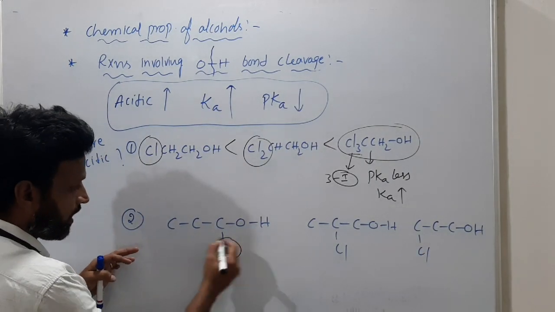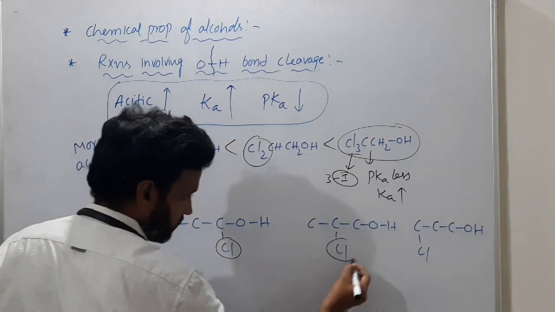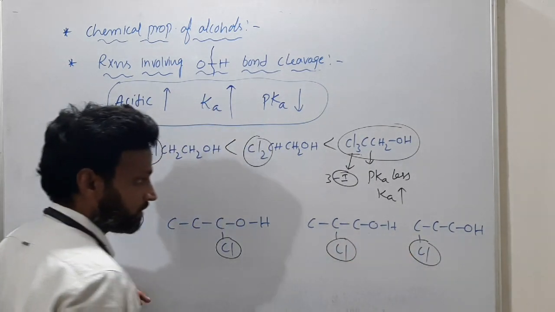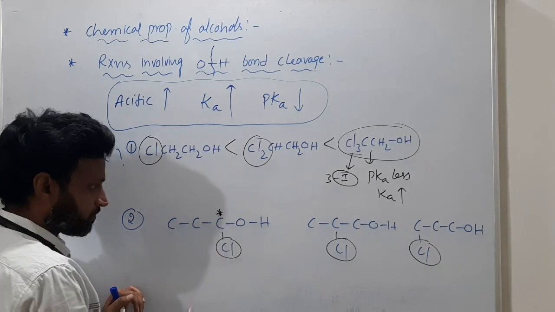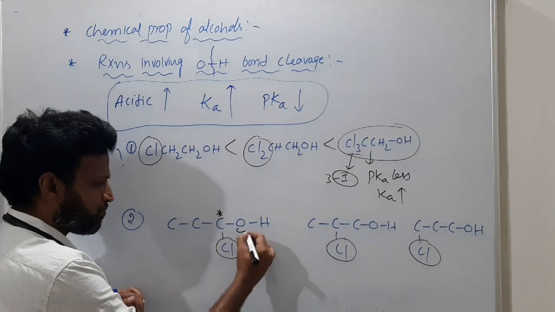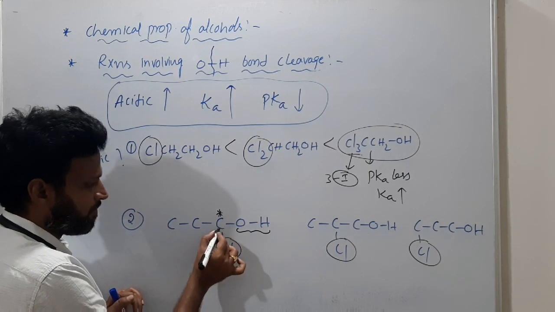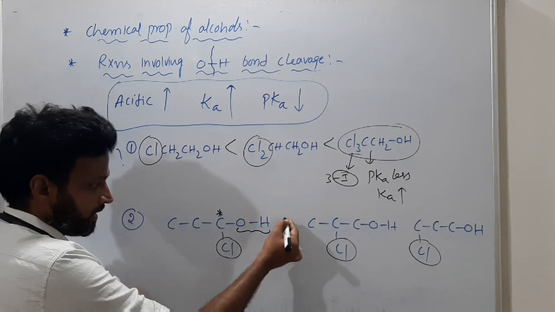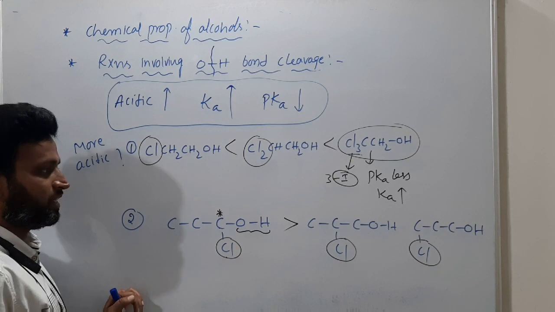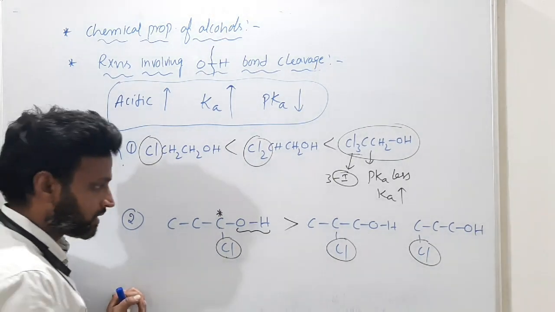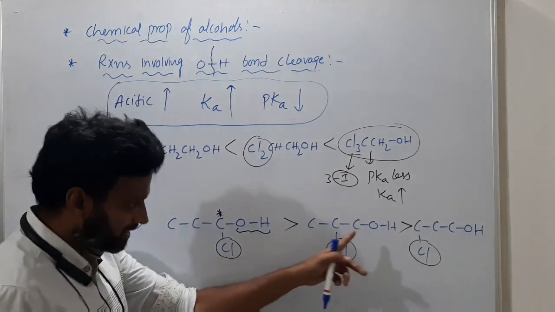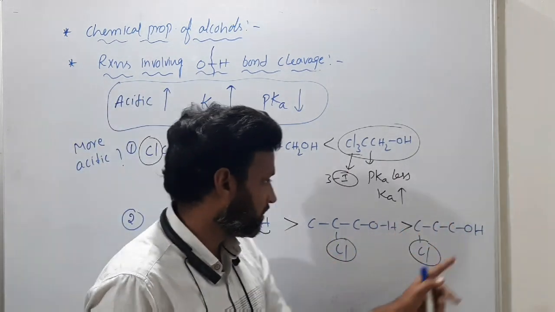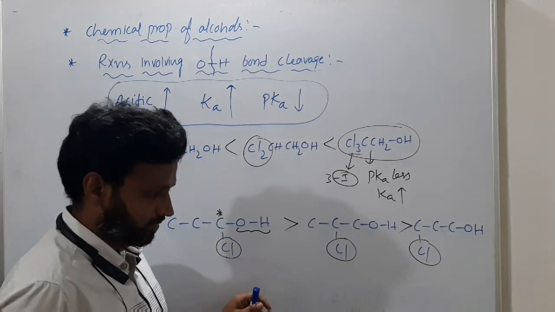Now see, here chlorine is a withdrawing group in each, but distance matters. For the carbon to which OH is attached, for the same carbon we have chlorine. Certainly acidic nature is more here. So this has more acidic nature than this, because the distance is increasing.